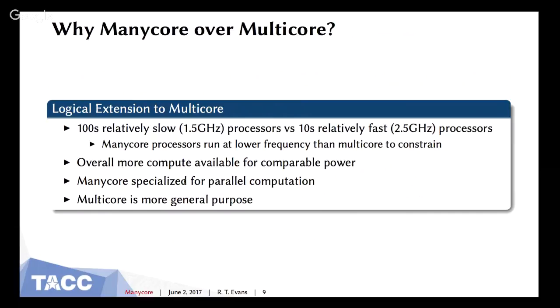How well do we manage the energy budget we have? And so these chips do really well at providing performance for the power that they use. But the trade-off is you have to write your code to use these chips. You have to refactor or redesign how you execute your problem.